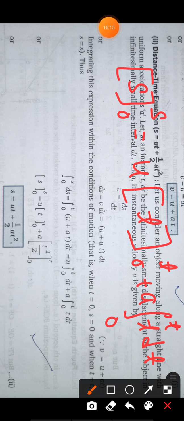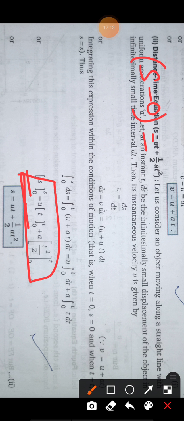What is the integration of this part? t means t to the power 1, so the integration formula is t to the power n plus 1 divided by n plus 1. Here n is 1, so t to the power 1 plus 1 divided by 1 plus 1, with limit from 0 to t. The constant term we write as it is.